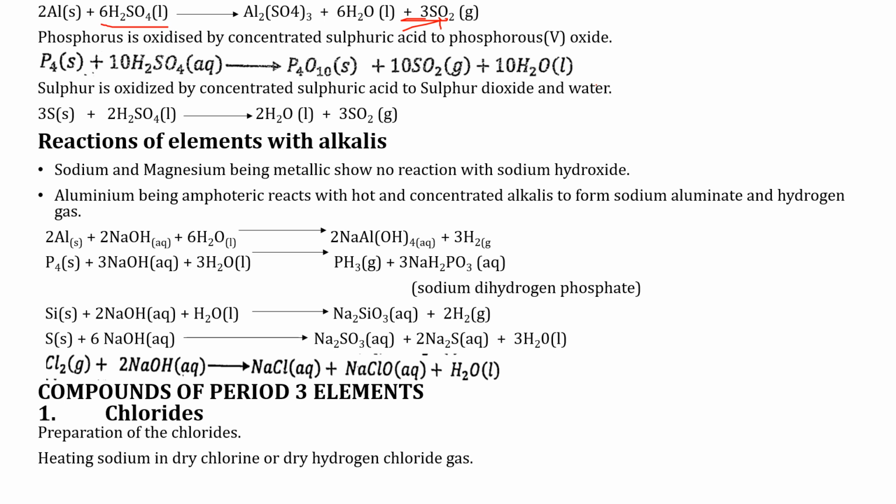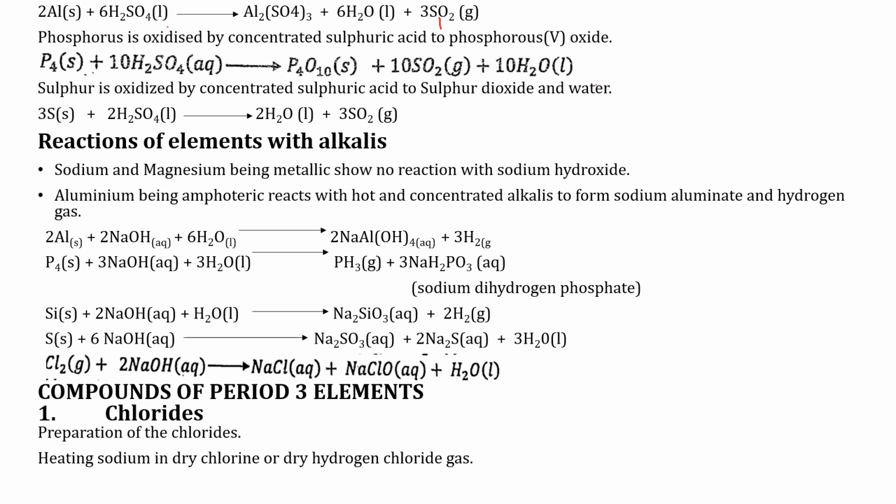So let's proceed to reactions of the elements with alkalis. Now notice that sodium and magnesium are not going to react with the alkalis. And the alkalis we are going to be using in most cases are sodium hydroxide or potassium hydroxide. But preferably, UACE chemistry is now limited to sodium hydroxide because it's the one that is abundant on a large scale in the laboratory.